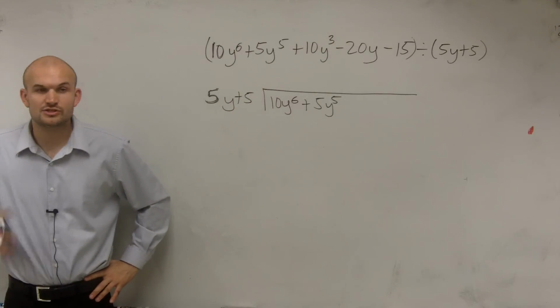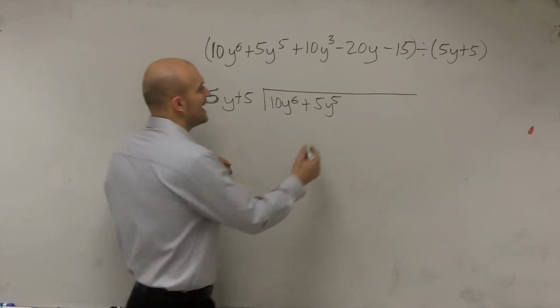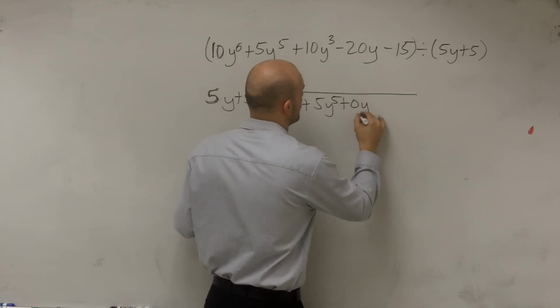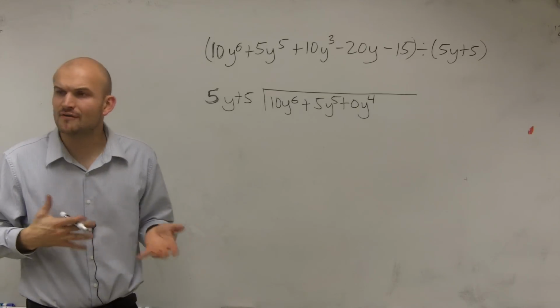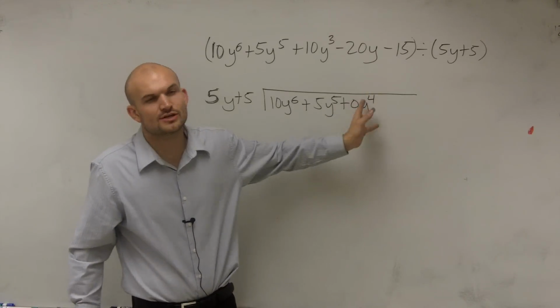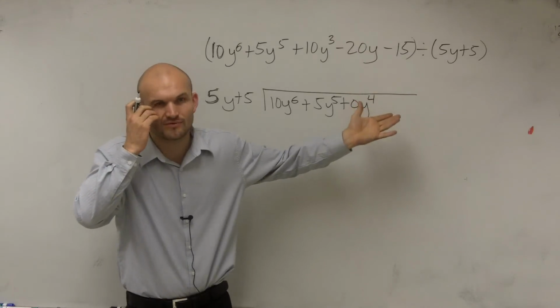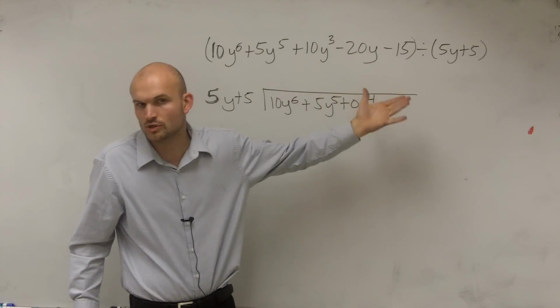No. So to give us a place value for that, I can add plus 0y to the 4th. It's not necessary, but when you're starting off, it's very helpful to put it in. What's 0 times y to the 4th? 0, right? So it's not changing the problem at all, nor will it change the answer.